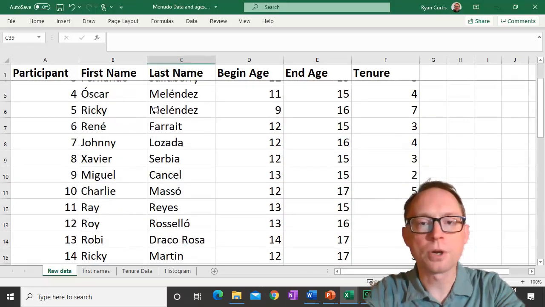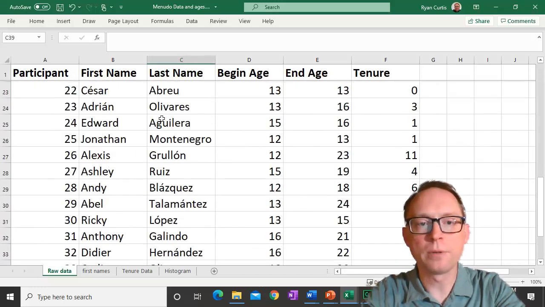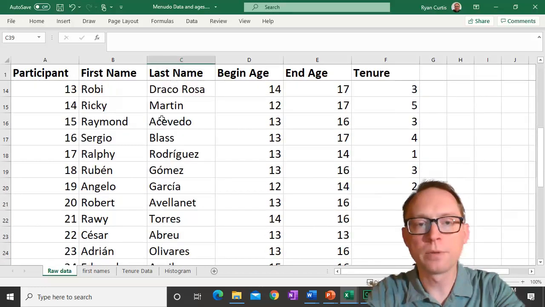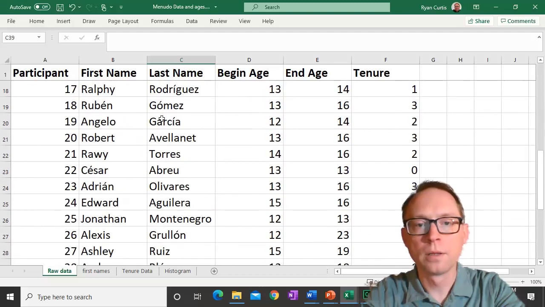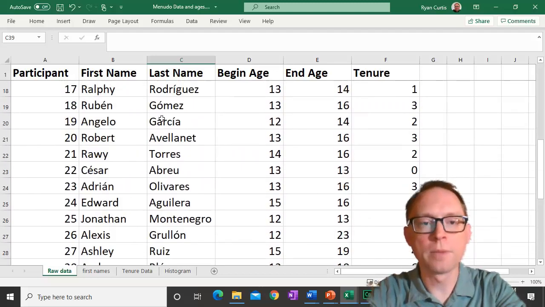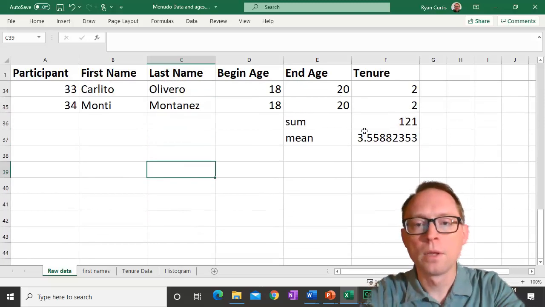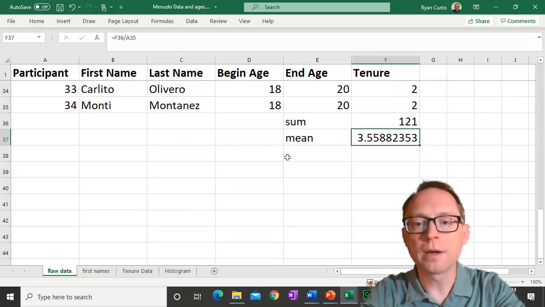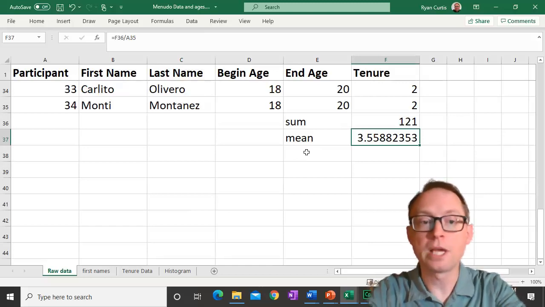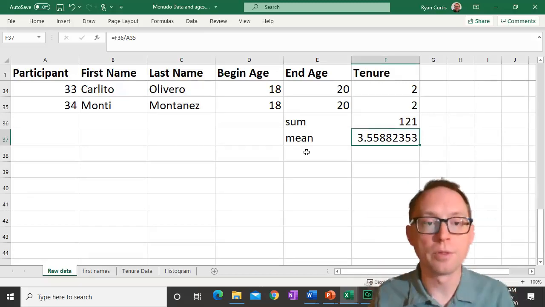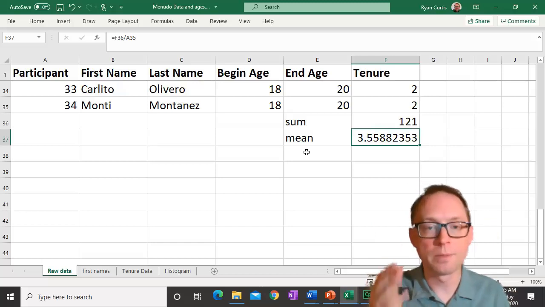So these are all of the different people who are in, who have been or ever were in Menudo, the boy band. And this mean right here, this is mu, because it's for the population. This is everybody that's ever been in Menudo, and the population that I care about are all members of Menudo.